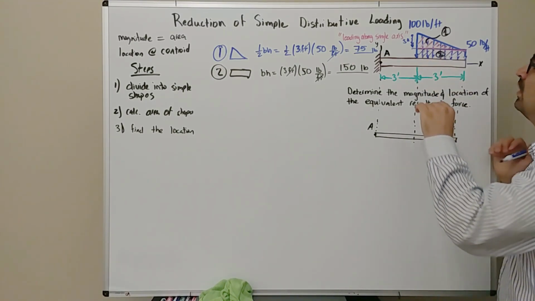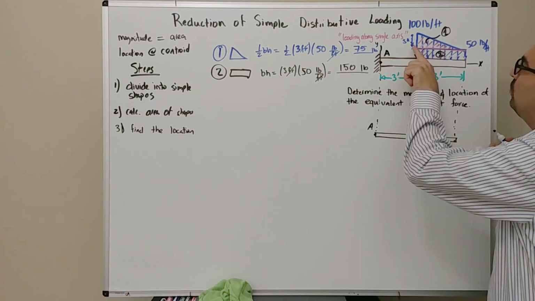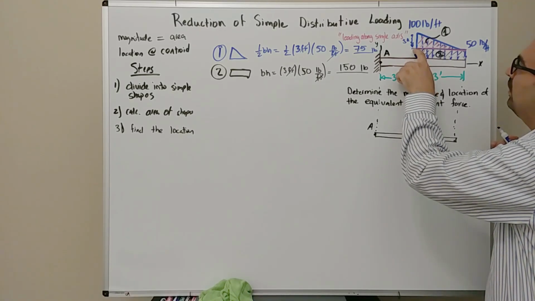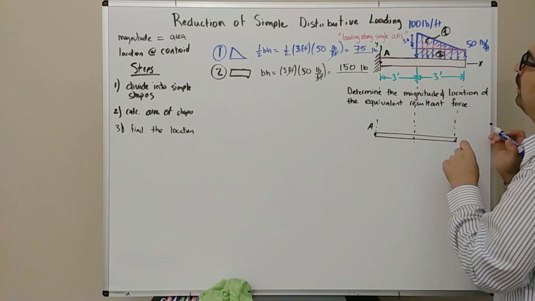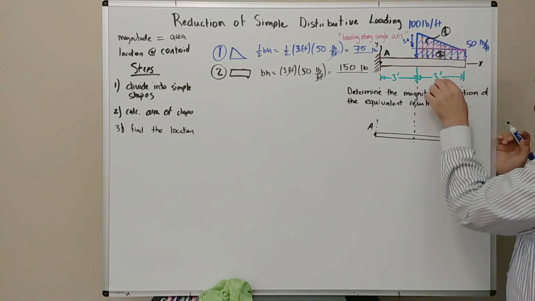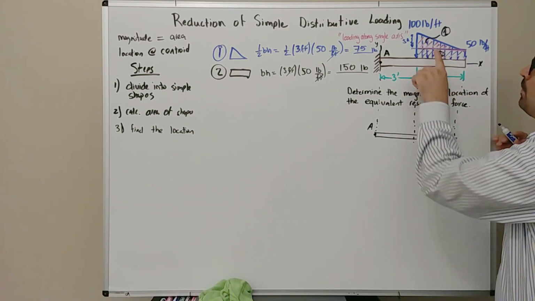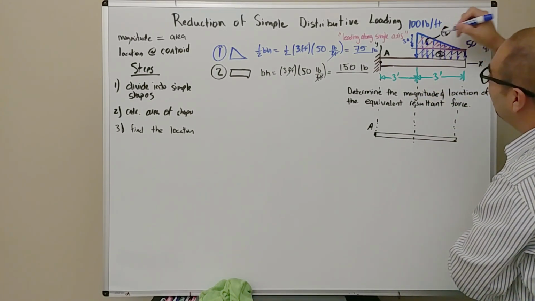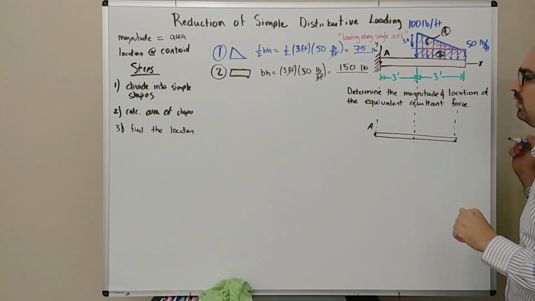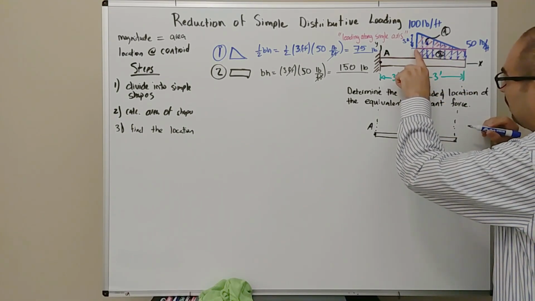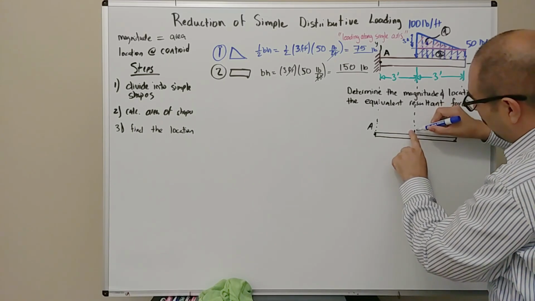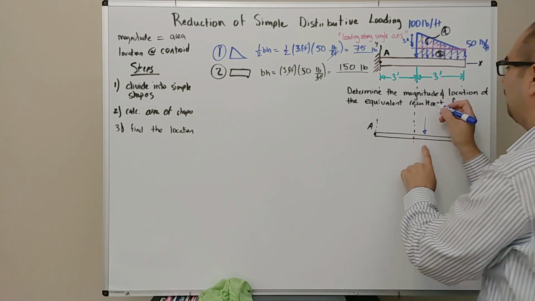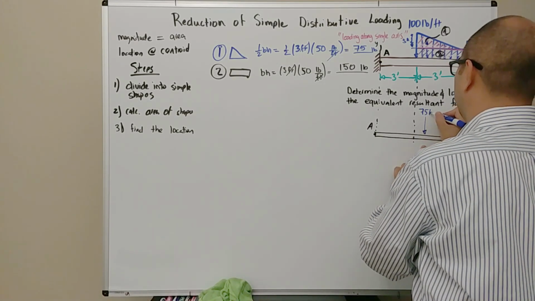If you remember in class, we said that the centroid along the base for a right triangle is going to be 1/3 of the distance from the right angle. Since the base of this triangle is 3, the centroid for the triangle is going to be roughly right here, a foot away from this point. So again, here's where the right angle is. If I move 1 foot this way, at that point I can put this 75-pound load.